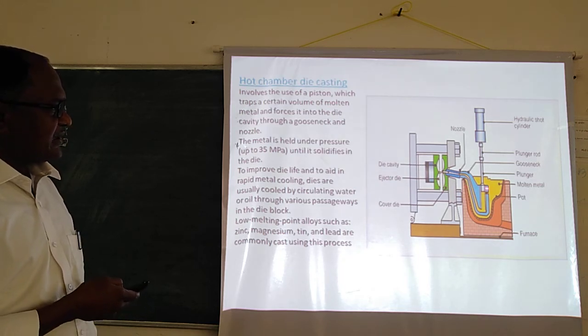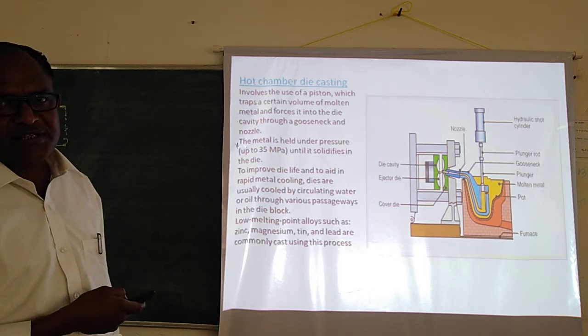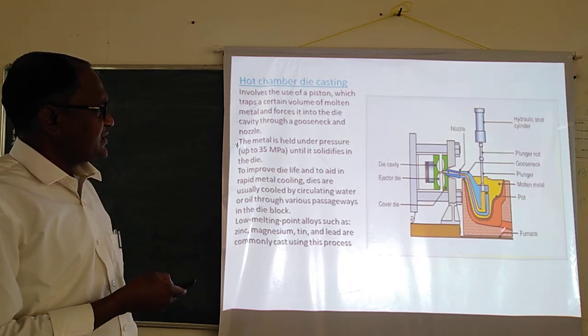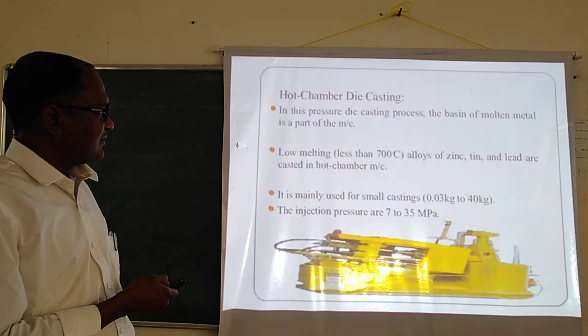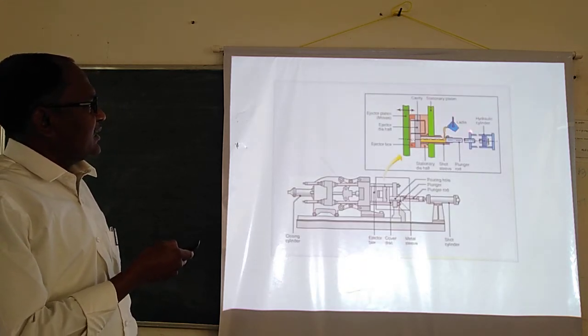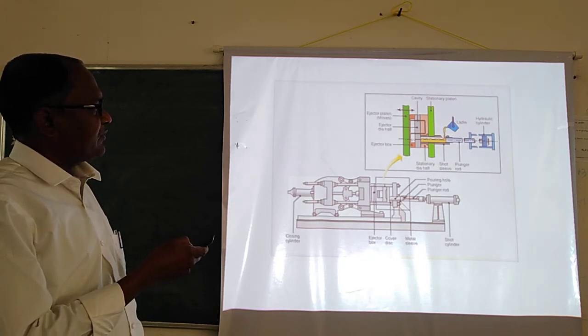This furnace is an integral part of this machine, so it is for hot chamber die casting. That is why it is called hot chamber die casting. If you look back at the cold chamber die casting, in this case there is no furnace. You take the molten metal in the ladle from the furnace.